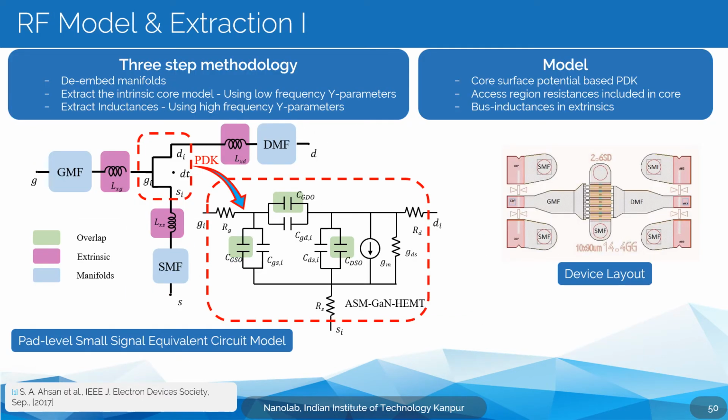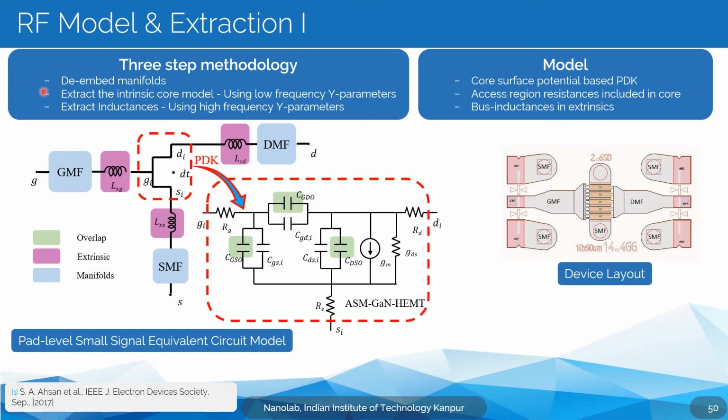And then the next step is to do the extrinsics, and in the extrinsics we have three main components. The first one is to de-embed the manifolds of the device. In any fabricated device, you'll have certain manifolds which help you connect to the drain and the gate of the device.